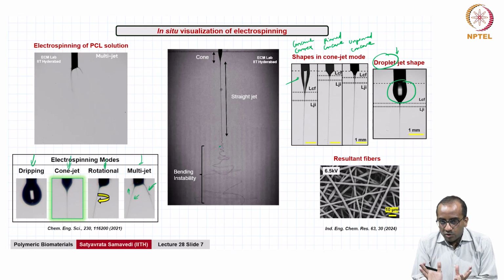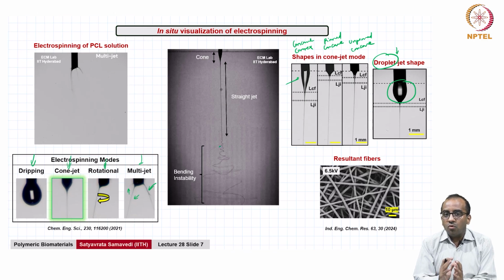What we've been able to show is in situ visualization can provide very interesting insights into the different cone jet feature shapes, cone shapes, jet features, as well as jet thinning mechanisms, right? And how all of that can dictate the properties of the resultant fibers.